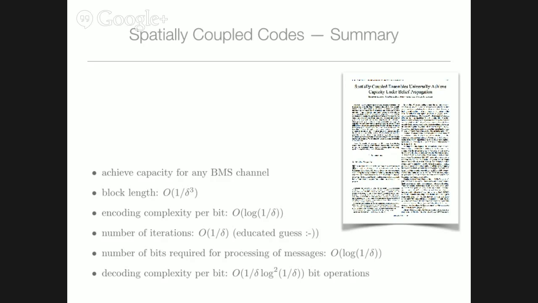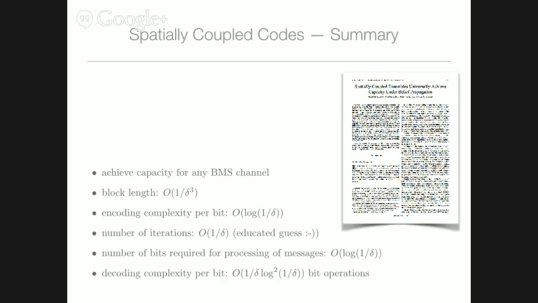Well, it turns out that these codes do not just achieve capacity for the BEC, but they actually achieve capacity for a larger class of channels. For example, for any binary-input output-symmetric memoryless channel, these codes achieve capacity. And actually, the nice thing is that they do so universally, meaning one and the same code is good for any such channel. The only thing you need to know is its capacity.